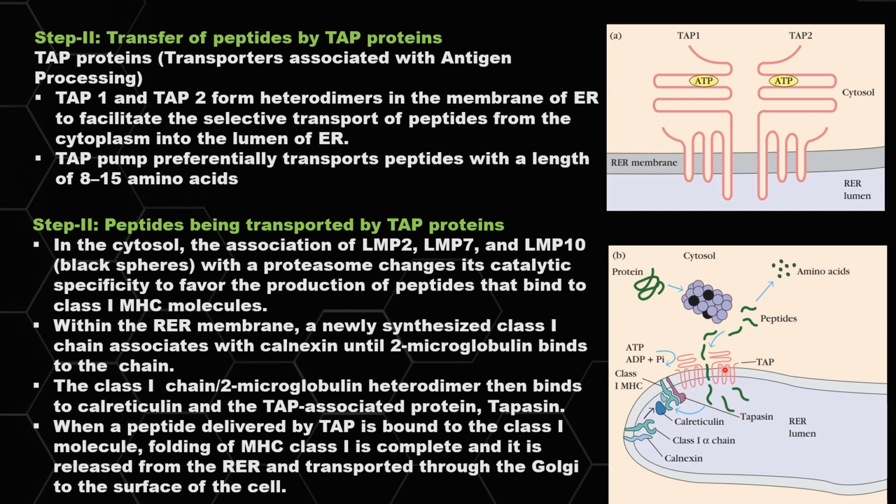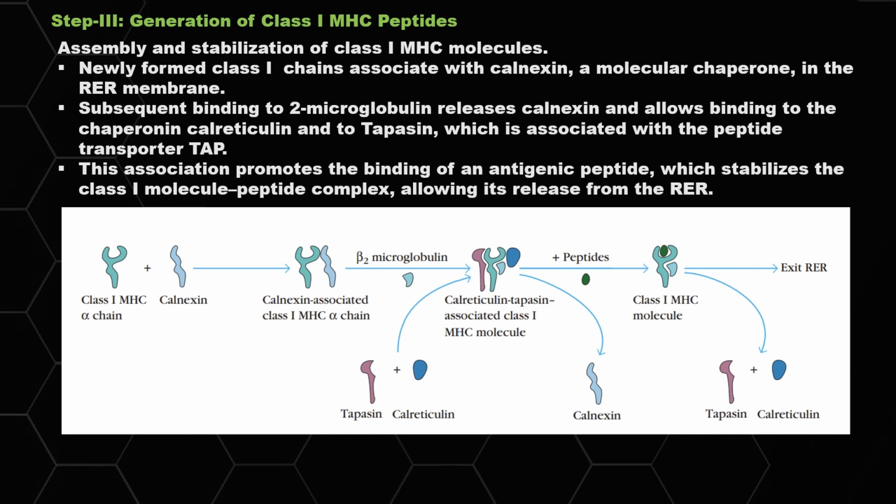This tapasin protein regulates the binding of incoming peptide to the class 1 MHC. When a peptide delivered by the TAP is bound to the class 1 molecule, folding of class 1 MHC is complete and it is released from the RER and transported to the Golgi and then to the cell surface. So the third step is generation of class 1 MHC peptide.